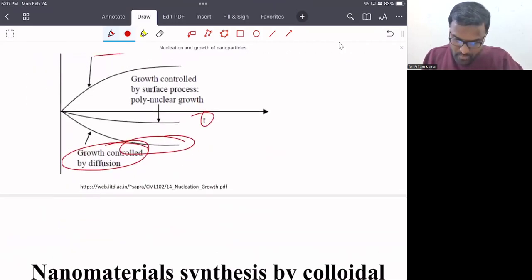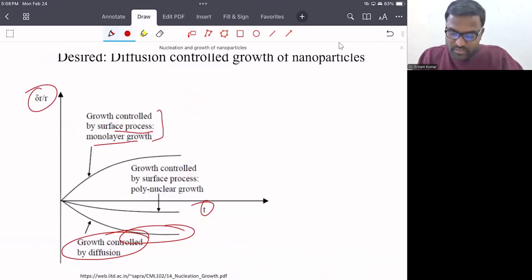So this is all about nanomaterial synthesis. In this particular class, we understood the factors that can affect the nucleation process and growth process. Further, we understood the difference between homogeneous nucleation and heterogeneous nucleation.